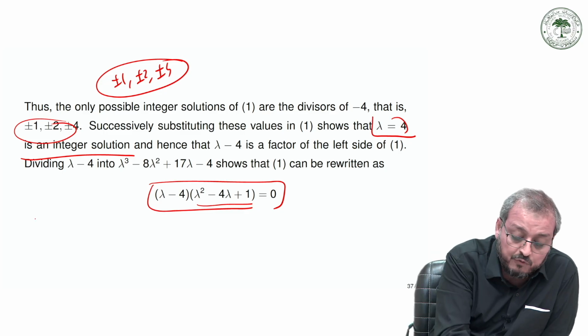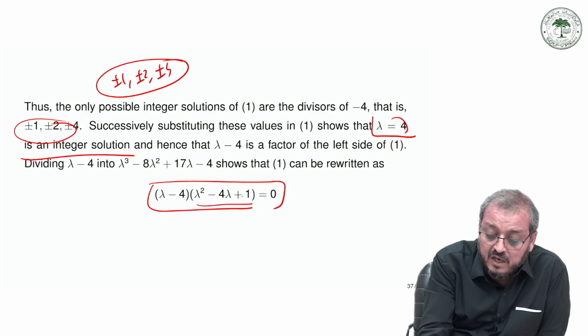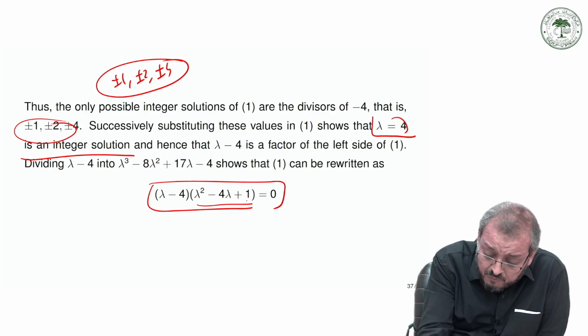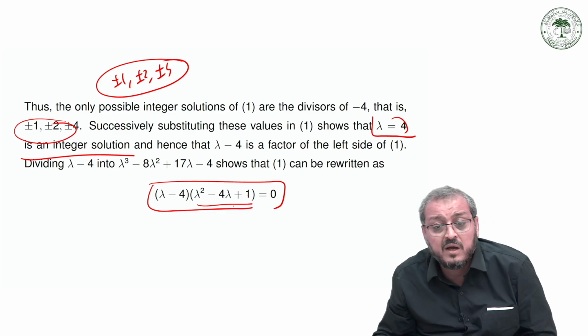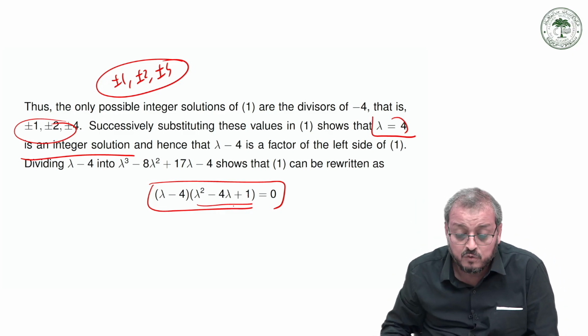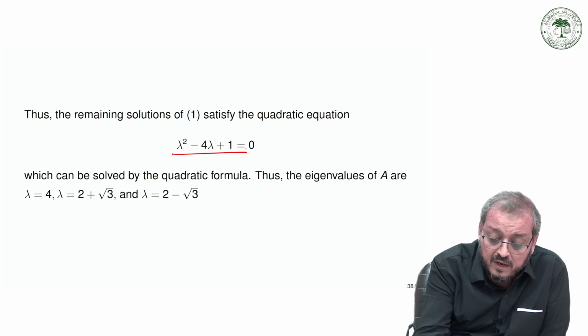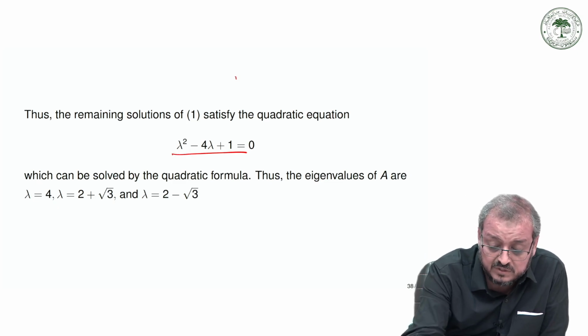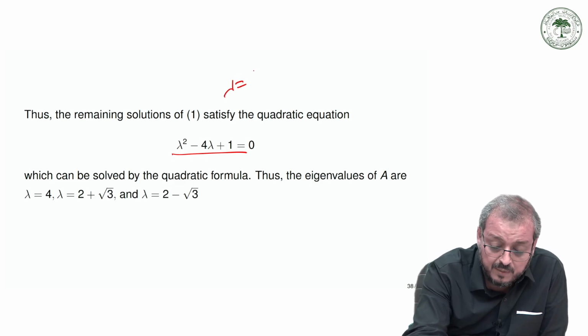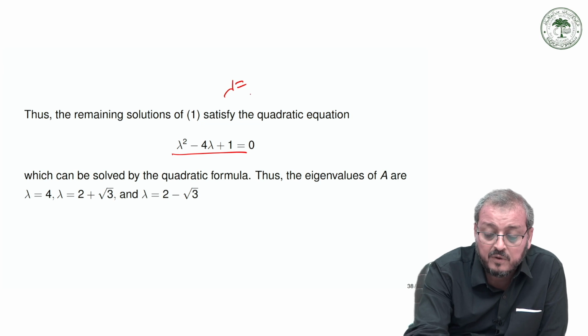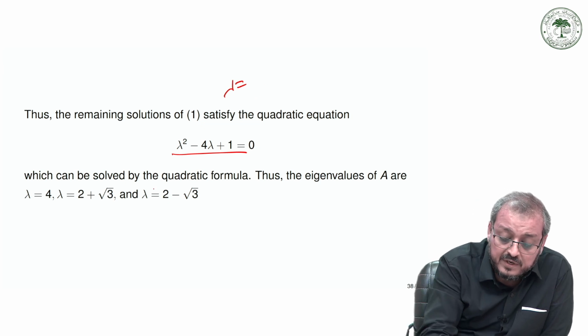Now we have to try to factor this: lambda squared minus 4 lambda plus 1. So we try to find the solution using the quadratic formula.